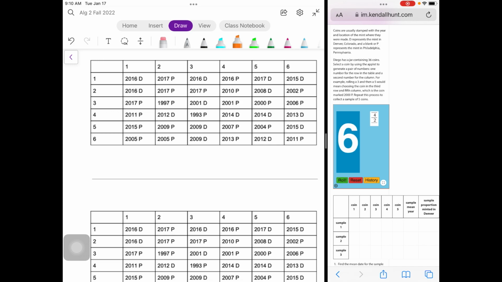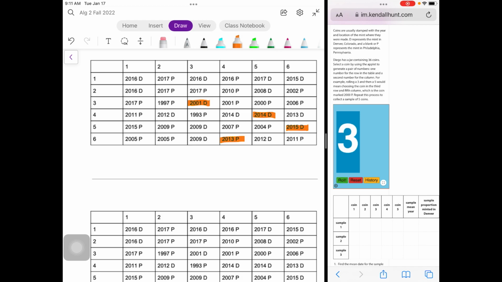That's our row 6, column 4, row 6, column 4, already did that one, row 5, column 6, row 4, column 5, row 3, column 3, and we need one more.